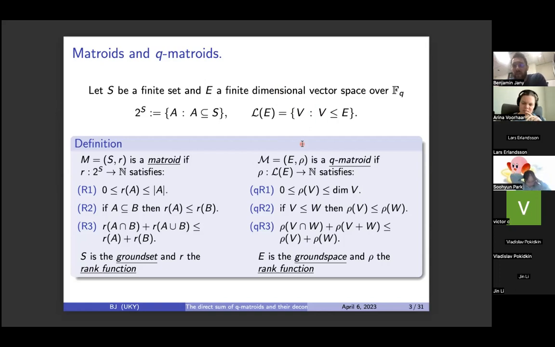And so for each finite field, for the order of each finite field, that would be a different class of q-matroids. I'm just very curious about characteristic 0, but it seems like everything goes the same. Yeah.